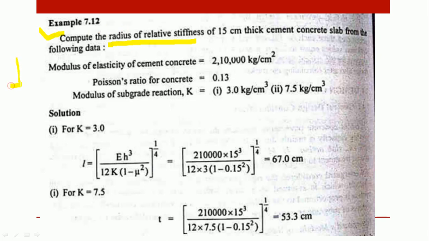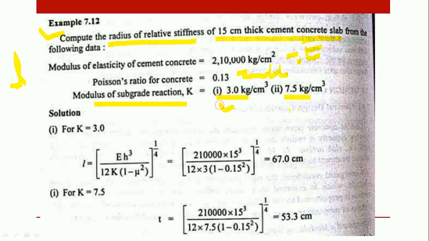It is represented by L, for a 15 centimeter thick cement concrete slab from the given data. The modulus of elasticity of the concrete, E, is given. Poisson's ratio, the mu value, is given, and the modulus of subgrade reaction K, 3 and 7.5.